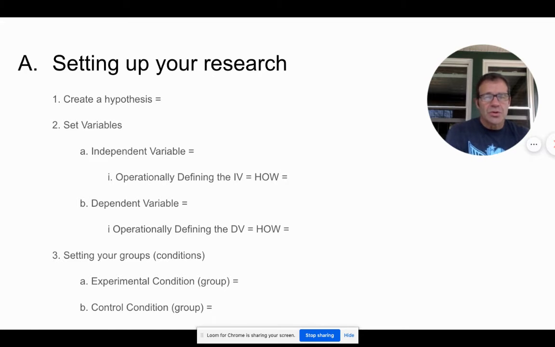The control group does not get the independent variable or gets a placebo. We'll talk about placebos later. So the control group does not get the independent variable or they get a placebo.